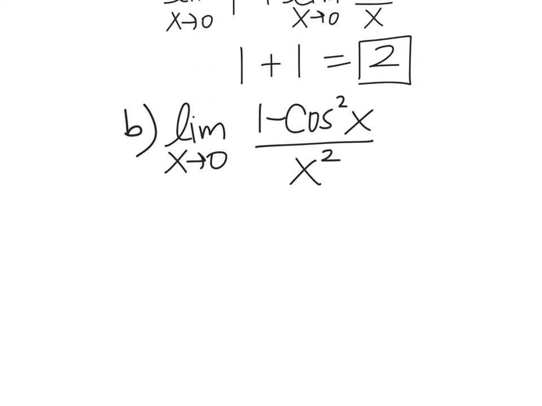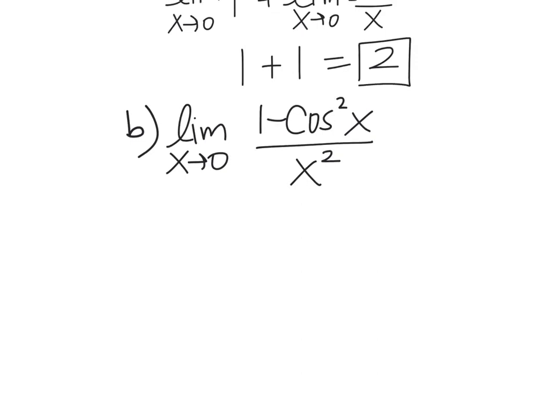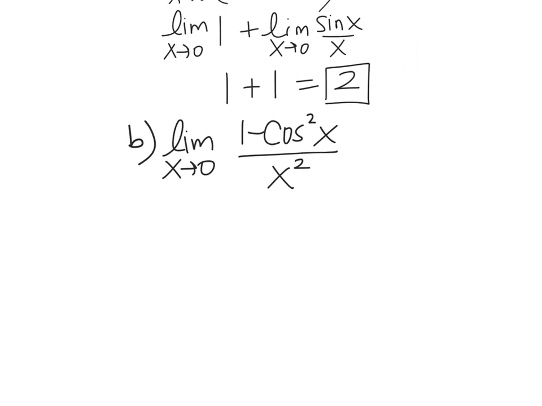All right. Now, did this mention cosine at all in this problem? No. It was all about sine of x. So maybe we should use some properties that we learned way back in chapter 5, and we can replace 1 minus cosine squared x. Cosine squared plus sine squared equals 1, right?